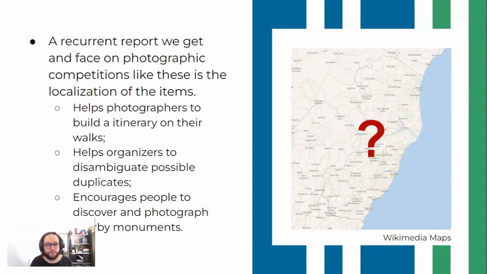The map is a huge step that we added last year, and people said it was crucial for finding the monument, because the street name changes. A lot of streets don't have numbers, so at which point of the street is this building? So the coordinates help to find them.